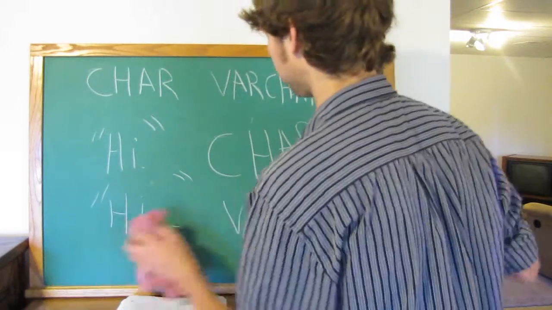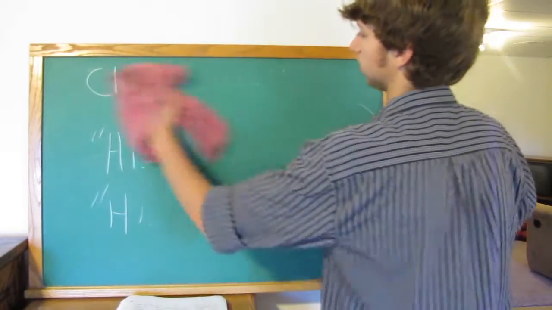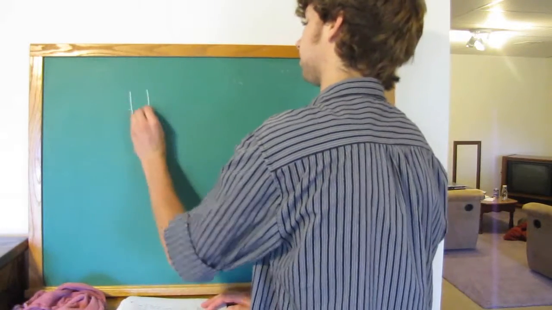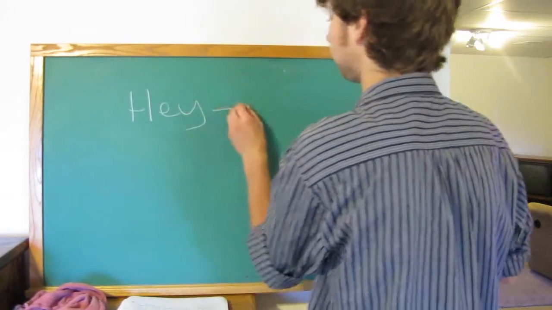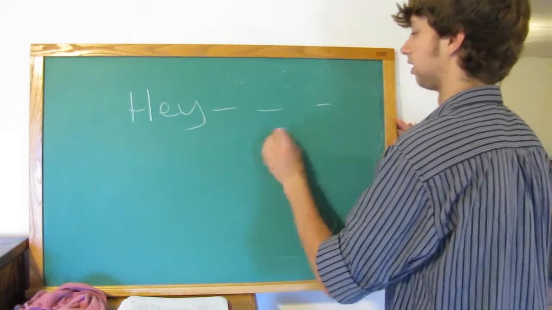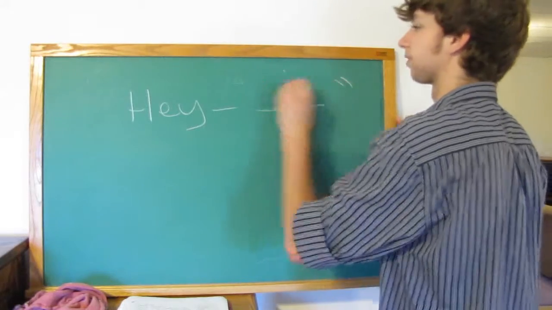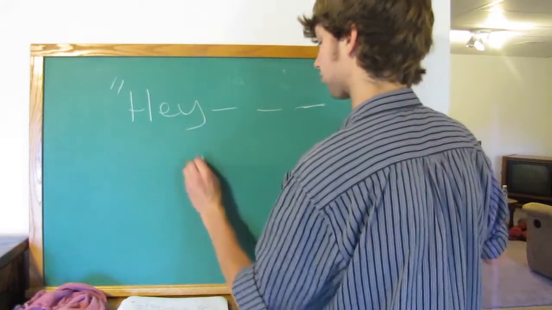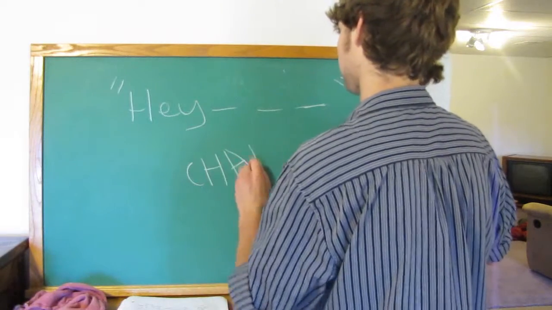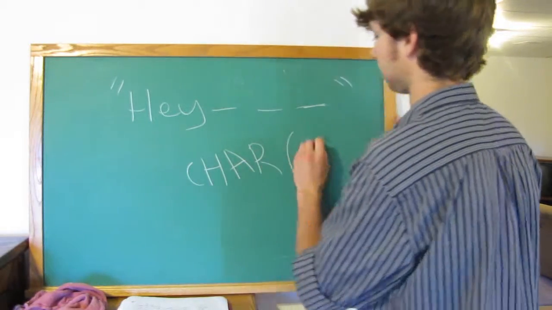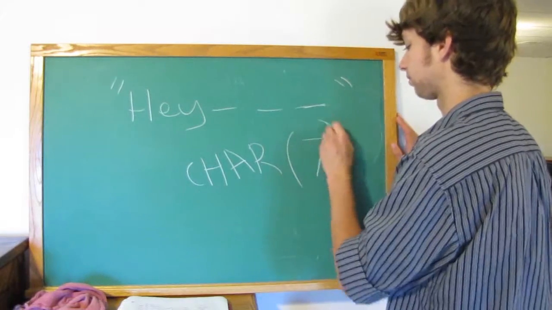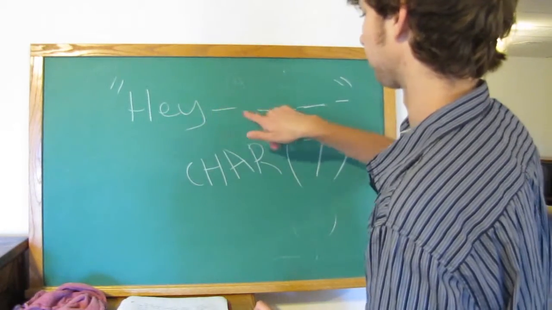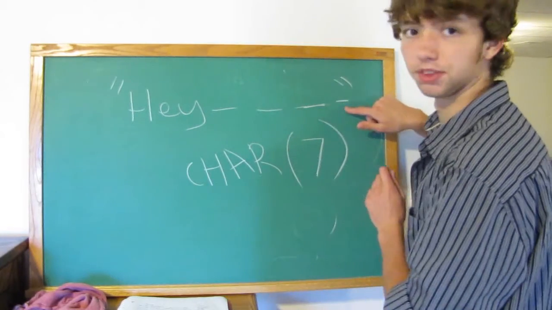So to explain that a little bit more, if I put into a database, hey, and 3 spaces right here, just like that. If I use char, let's say 7, it'll pad it with another space here, because 1, 2, 3, 4, 5, 6, it'll put that 7th space in there.